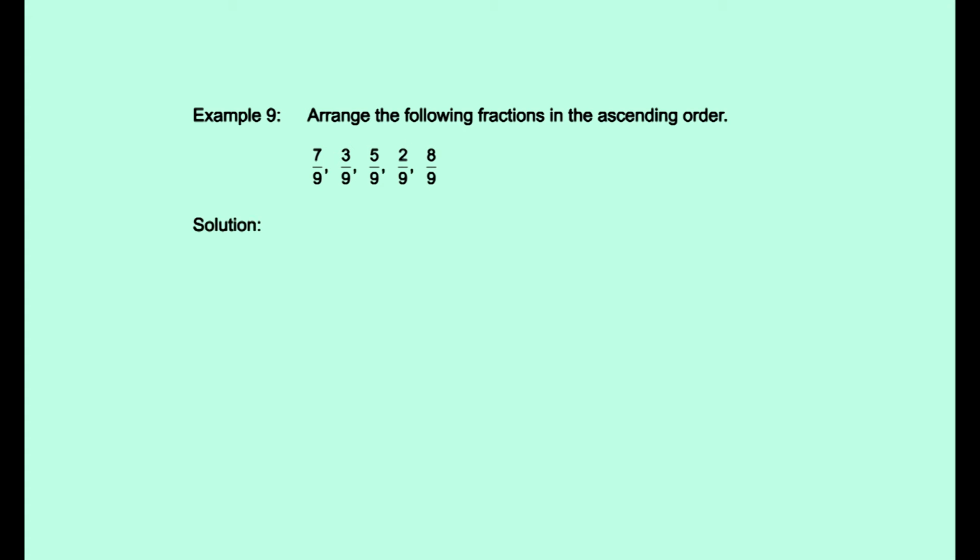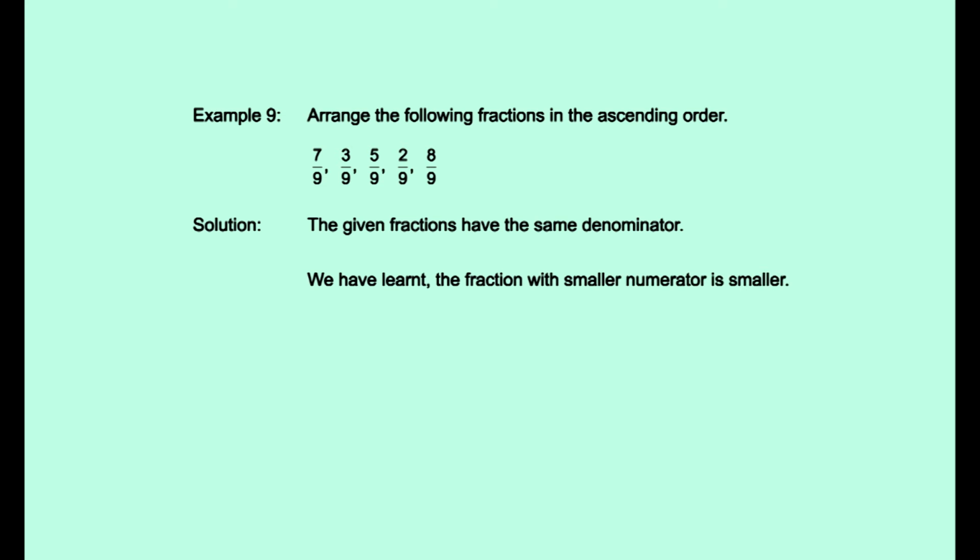Example 9. Arrange the following fractions in the ascending order. 7/9, 3/9, 5/9, 2/9, 8/9. Solution. The given fractions have the same denominator. We have learned the fraction with smaller numerator is smaller.